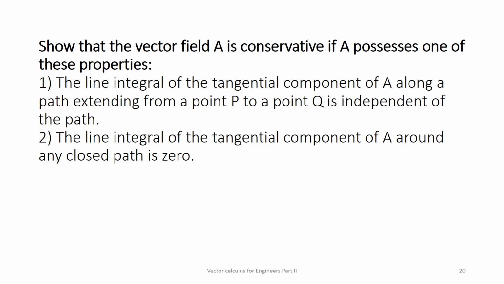So the line integral I want to find is from P to Q. The integral from P to Q of A dot dl is equal to minus the integral from P to Q of gradient of V dot dl, which is ∂V/∂x dx plus ∂V/∂y dy plus ∂V/∂z dz.